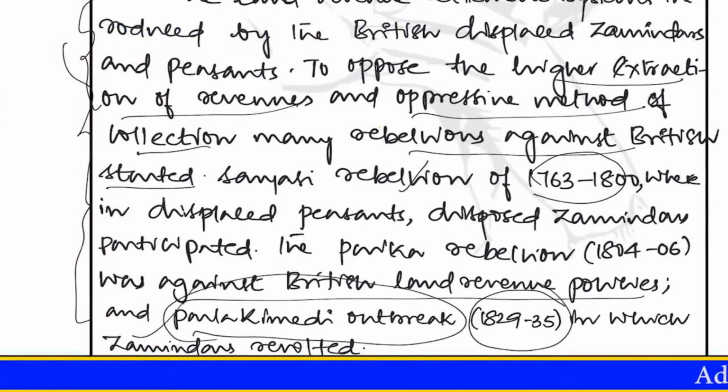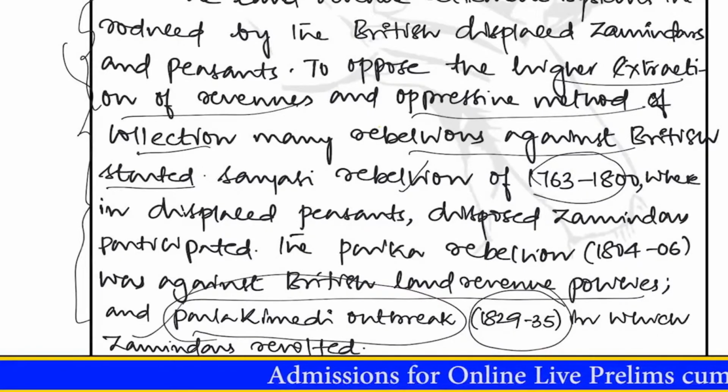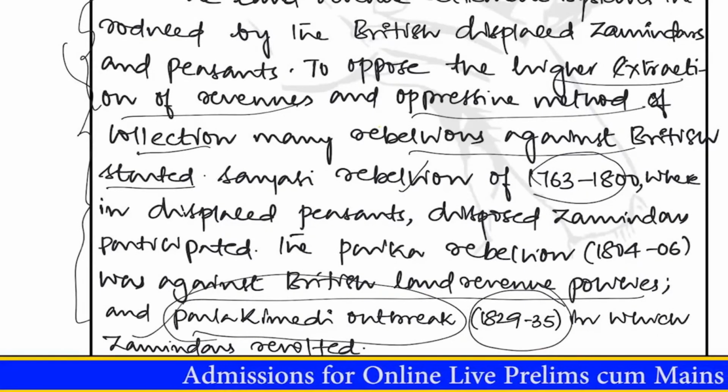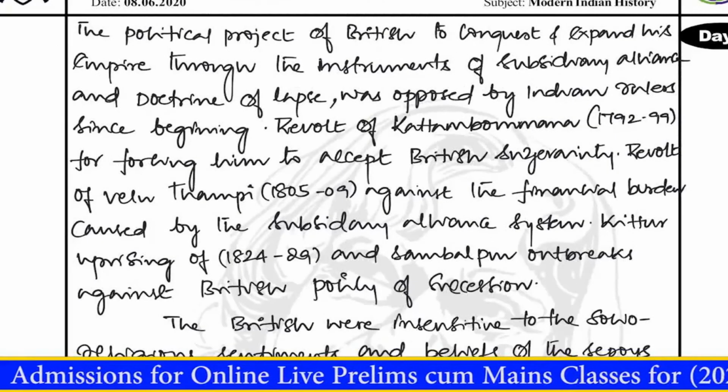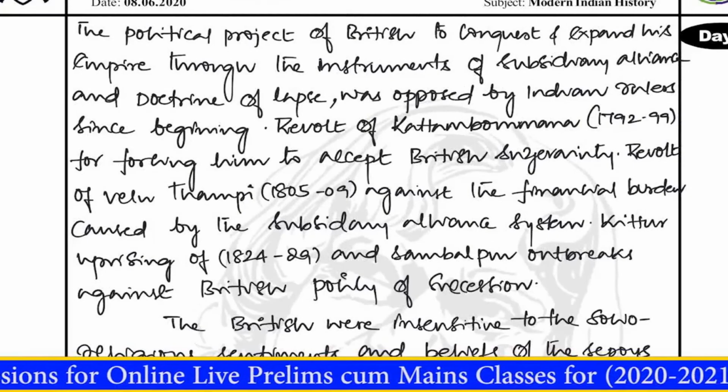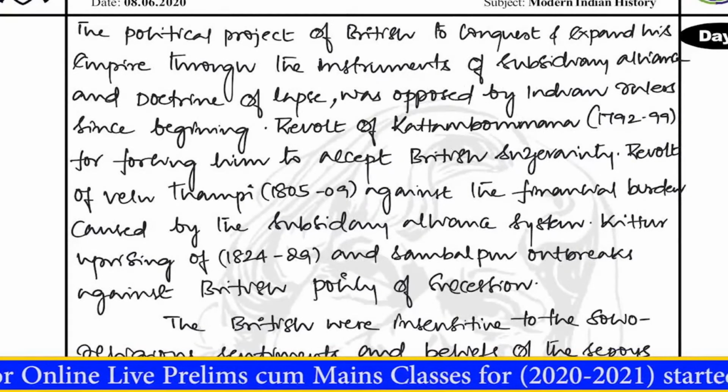Here you can see the Sannyasi Rebellion, and people have also quoted Parlakimadi and the Paika Rebellion. If you want to write more events, yes, you can extend to other Jamindari and peasant revolts too.